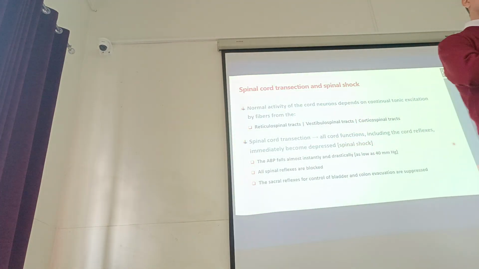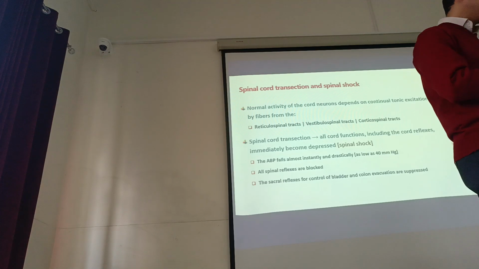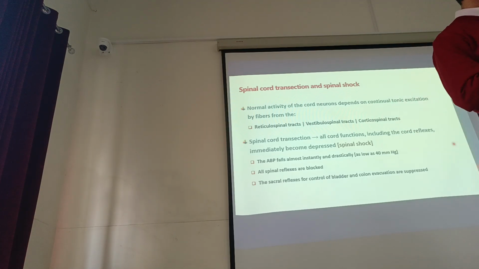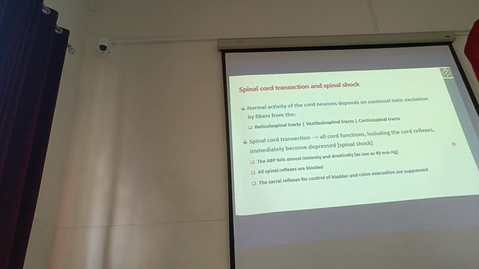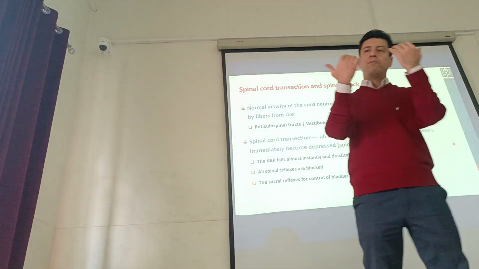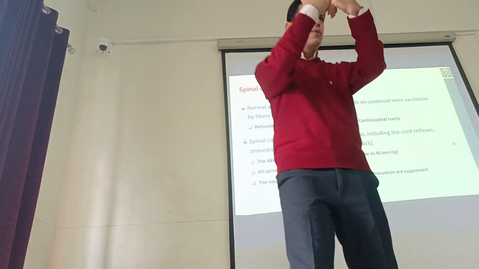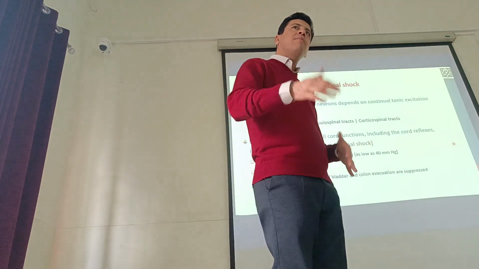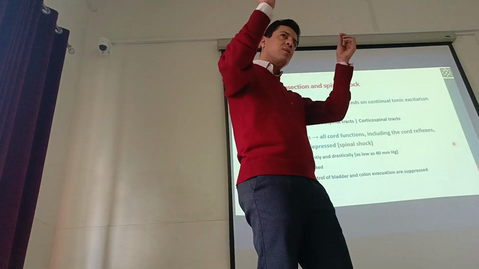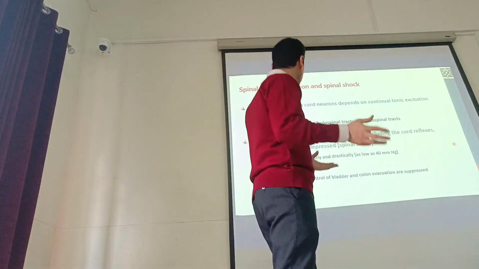Reflexes that involve internal organs, like the baroreceptor reflex, are also lost. The baroreceptor reflex is involved in the regulation of blood pressure, so when these reflexes are lost, blood pressure also goes down, very strongly and severely.